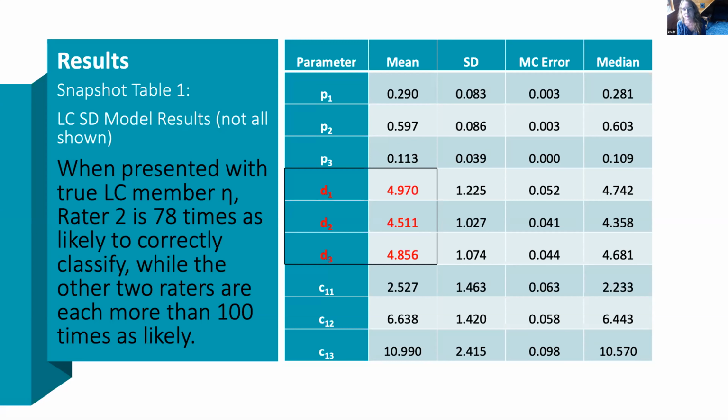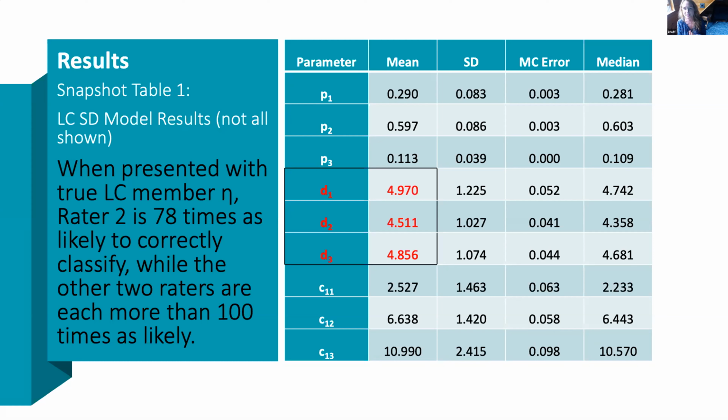The way to interpret this is: if the passage had a true score, if it is truly low or truly medium or truly high, how good am I as a rater at finding its true classification compared to a false classification?